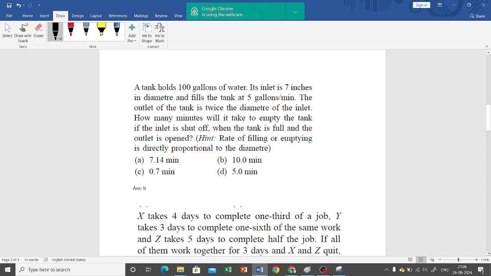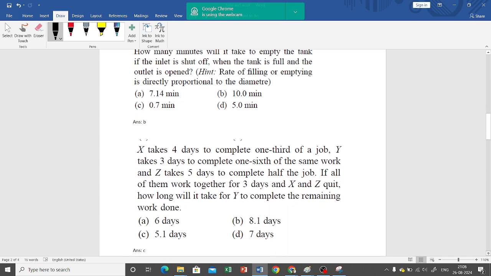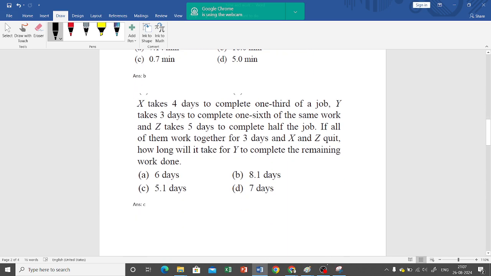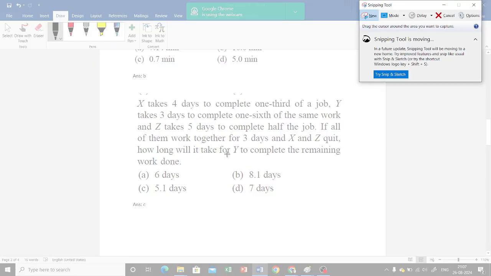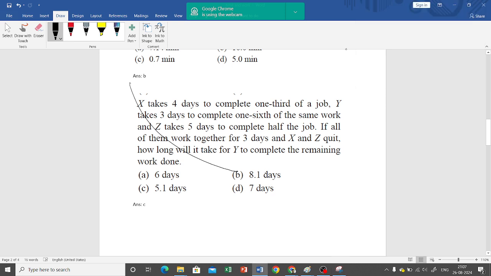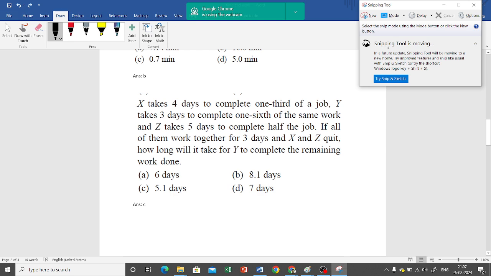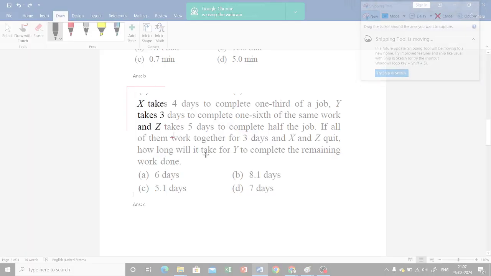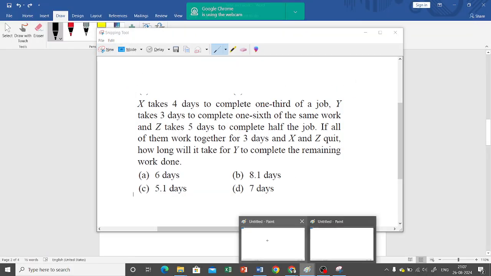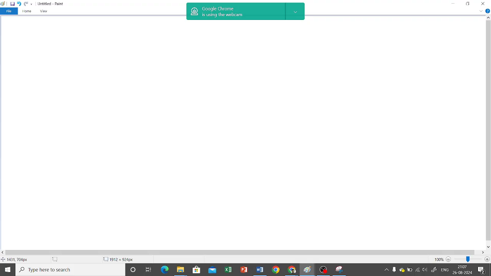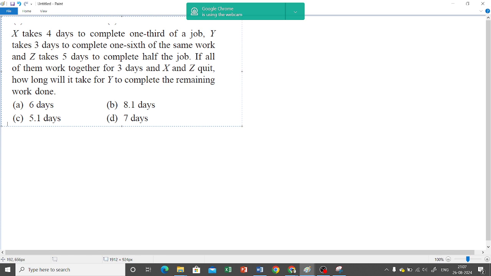Let's move on to the next one. Good. Please try out this sum.